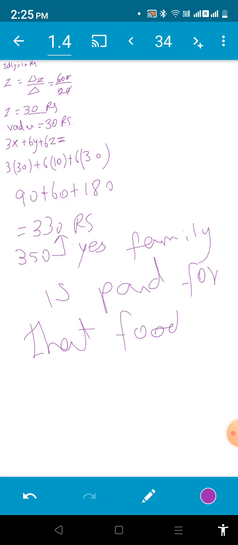The total cost is 330, and in hand the family has 350, so the balance of 20 is also with the family. So they can pay for that food.